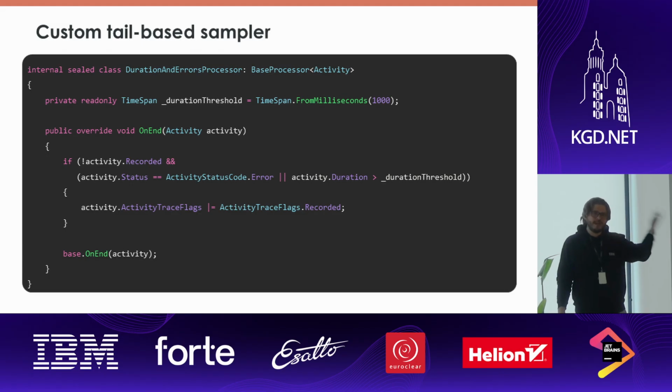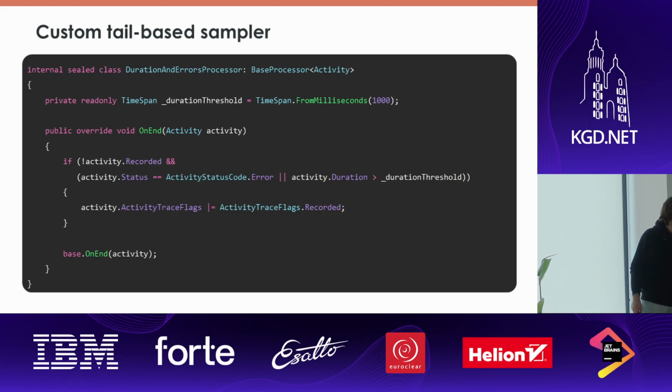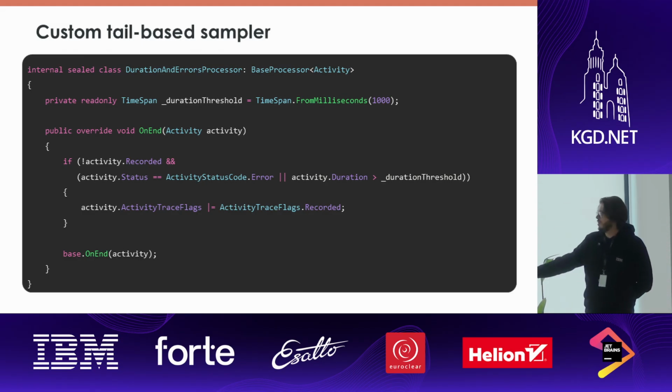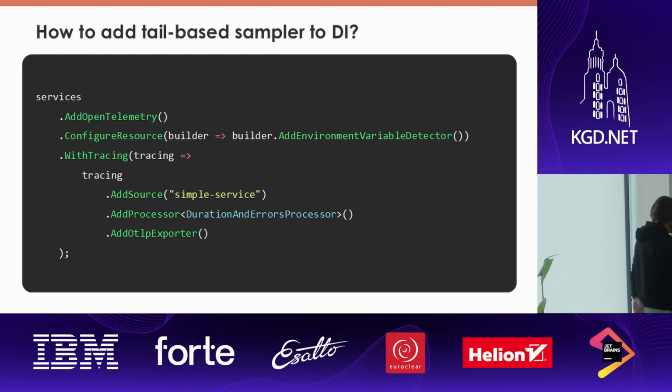But if we use record only in this part, we will be able to sample them in the tail-based sampler. So here, if the activity is not recorded, but it has an error and executed for too much time, we just mark it as recorded, and it will be sent to our OpenTelemetry backend.